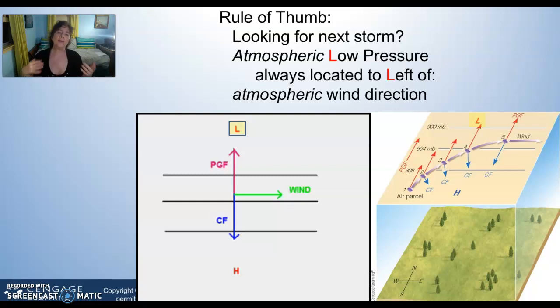So if you get yourself in the position where you are chasing the clouds, then you know that you are going in the same direction as the geostrophic wind.